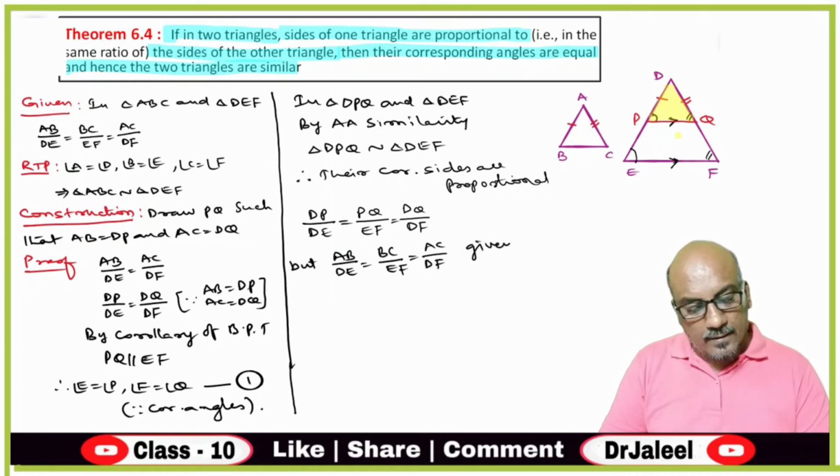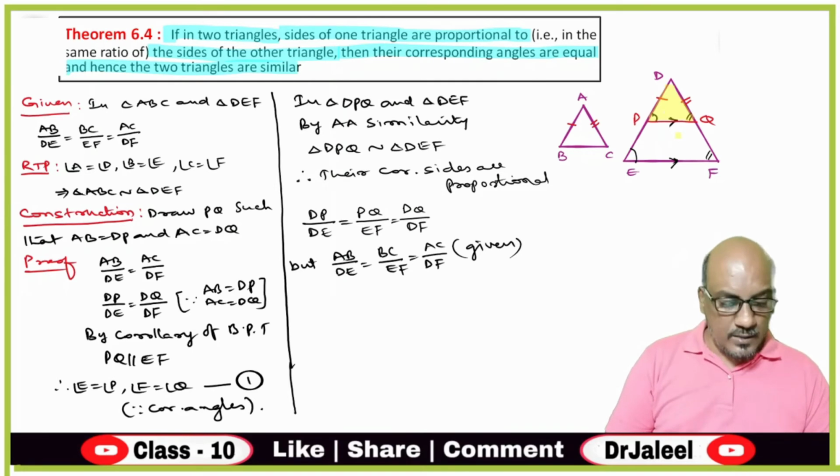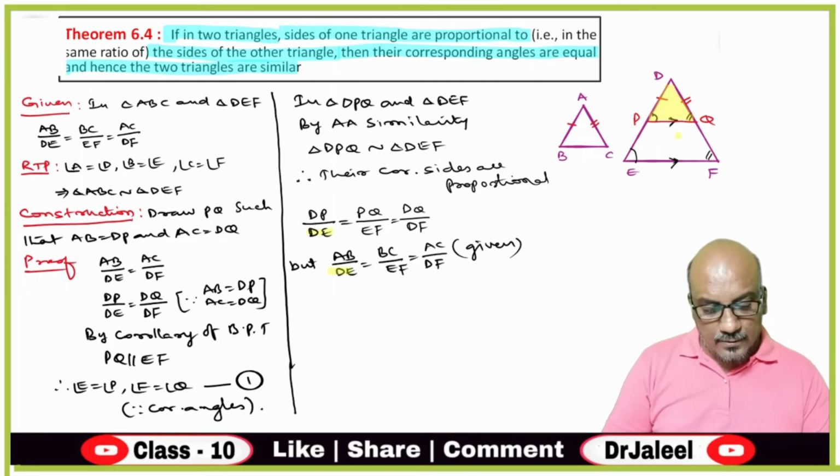This is given. So let us now observe both. DE is equal to DE, EF, DF, DF. All the denominators are equal.